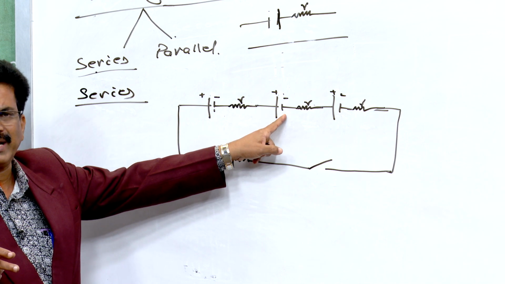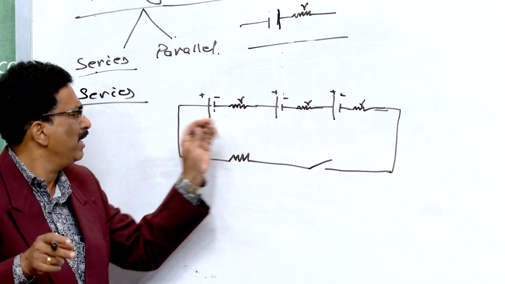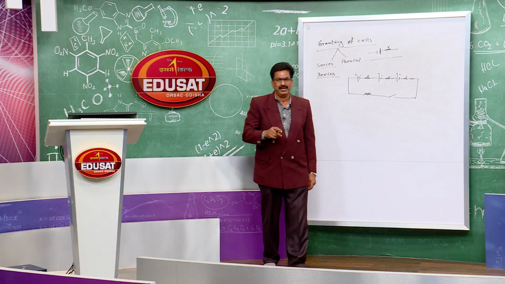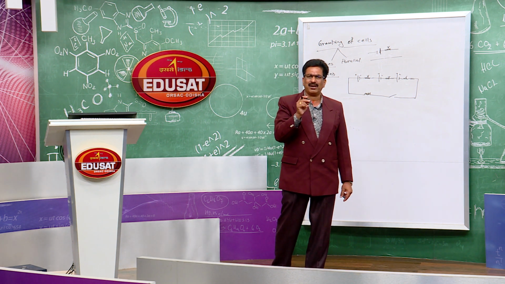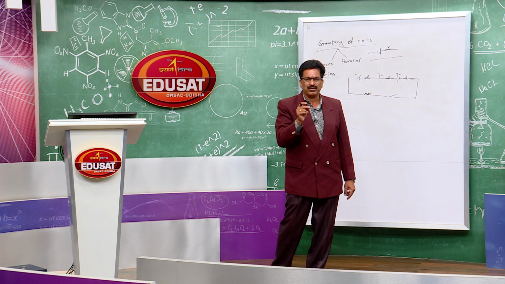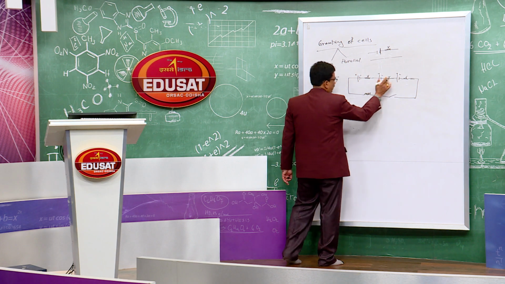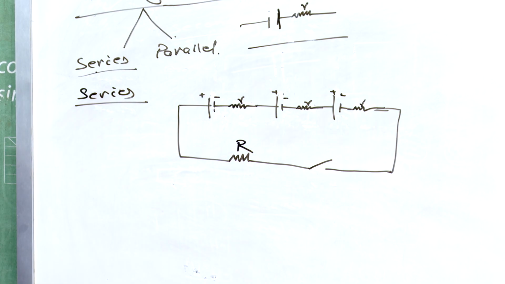The negative of the second one is connected with the positive of the third one. If this process goes on, that is called series grouping. The cells are said to be in series when the negative terminal of one cell is connected to the positive terminal of the next cell, and so on, and they are connected with an external resistance R.